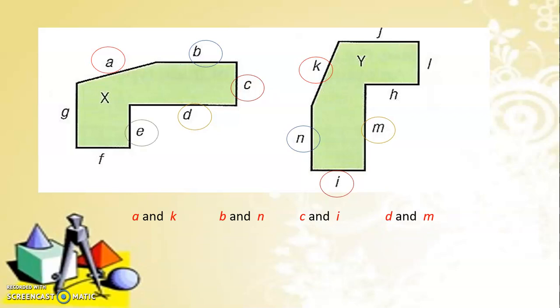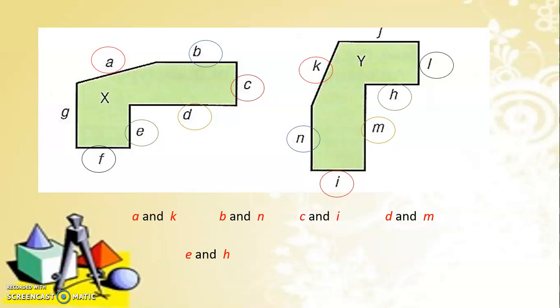Next, E. Which side is congruent to letter E? H is congruent to letter E. So we say E and H are congruent. Next, F. Which side is congruent to letter F?